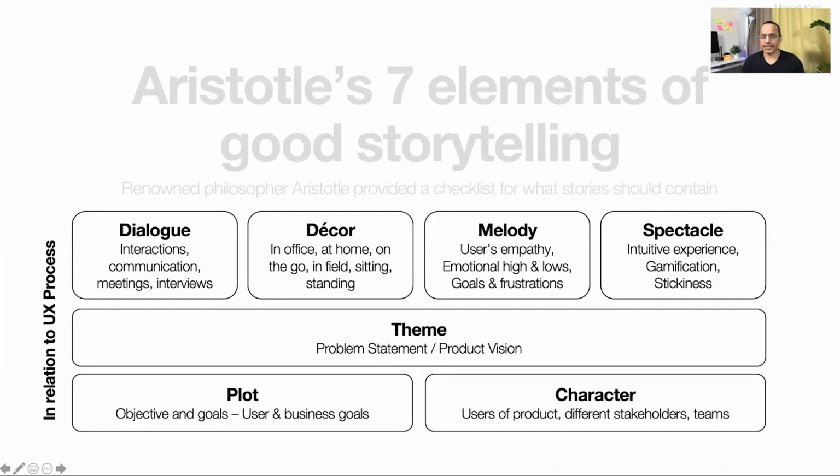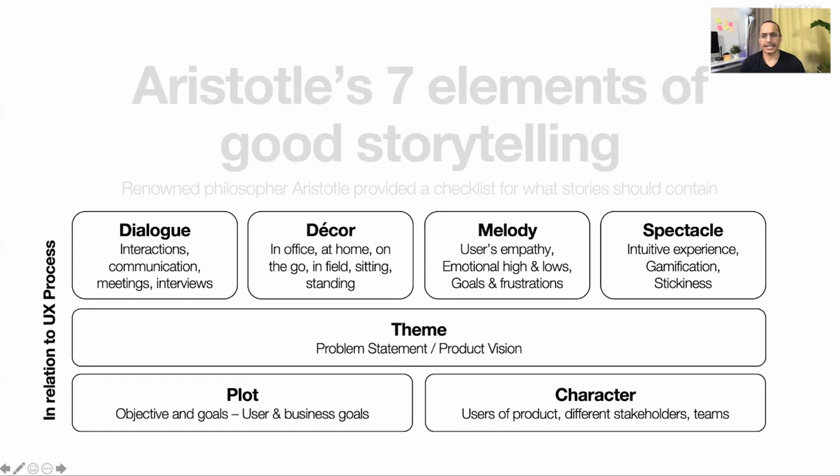And then we also try to understand the different characters. So as I talked about earlier, who are the users, who are the different stakeholders, who will be involved as a part of the team. And similarly, the other 4 things: dialogue is the interaction, communication, meetings, interviews, and so on. And decor is basically where the product will be used: at home, on the go, in the field, in the office. And melody is basically understanding the emotional highs and lows of the user.